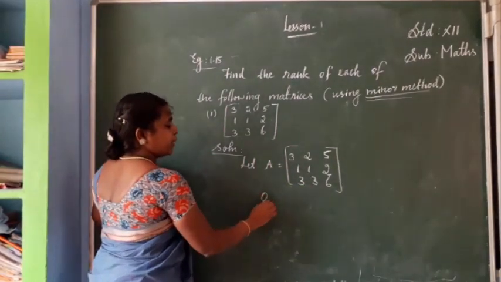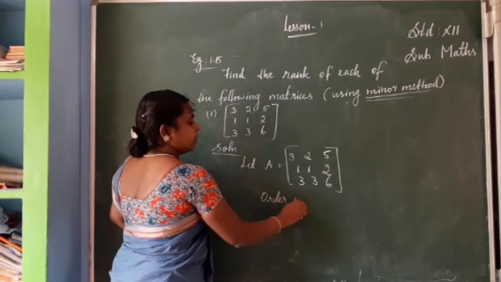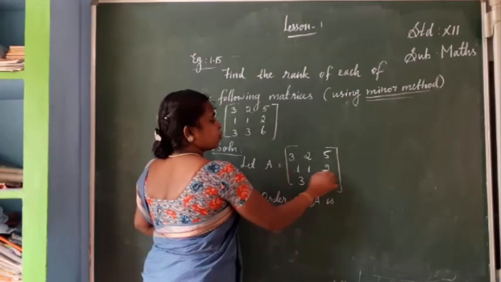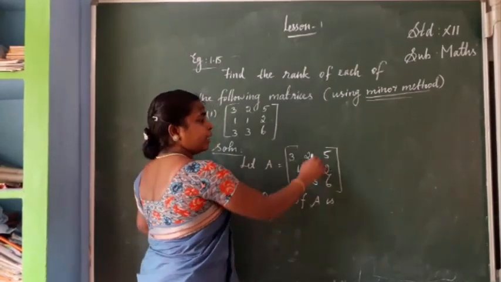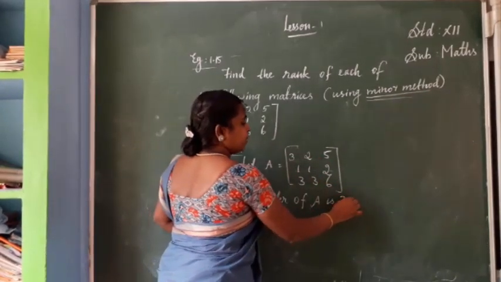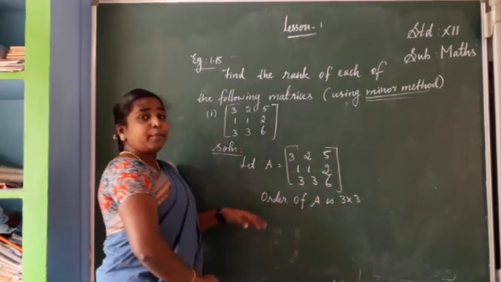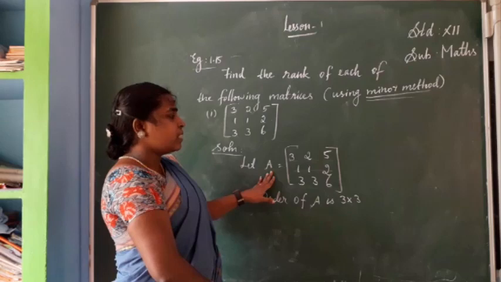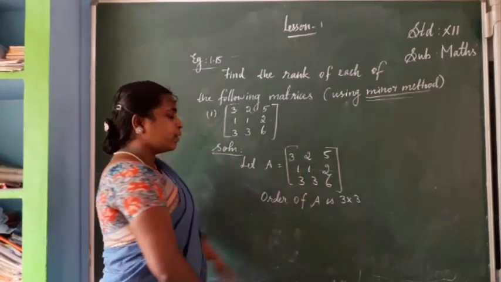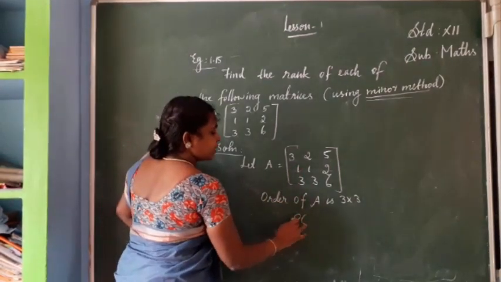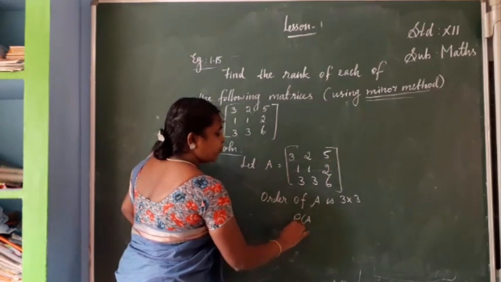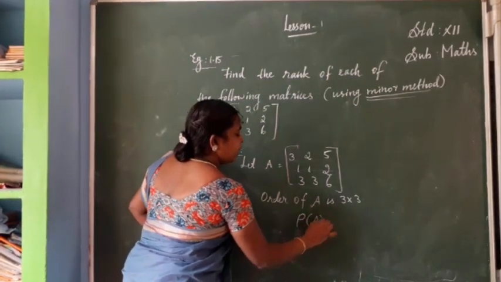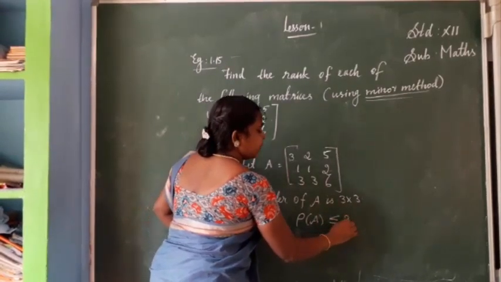So order of A is, what's the order? 1, 2, 3 rows, 3 columns. So order is 3 by 3. So anyway, the rank is less than or equal to 3. So we can get the rank's bound at the start itself. How I am writing? You see, rank of A is less than or equal to 3.